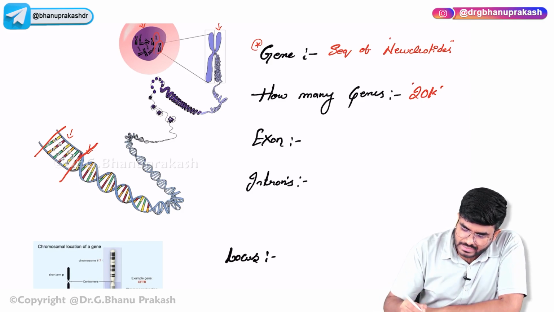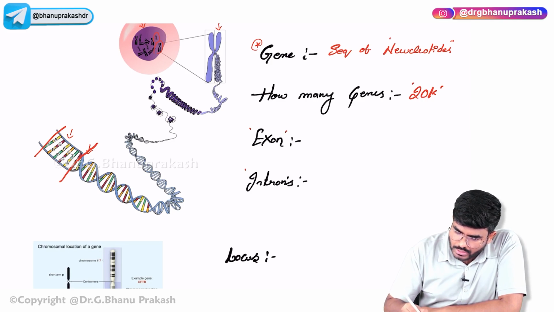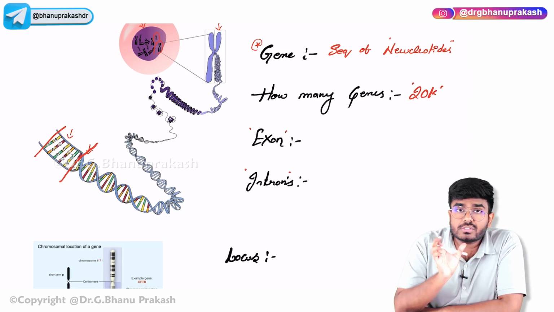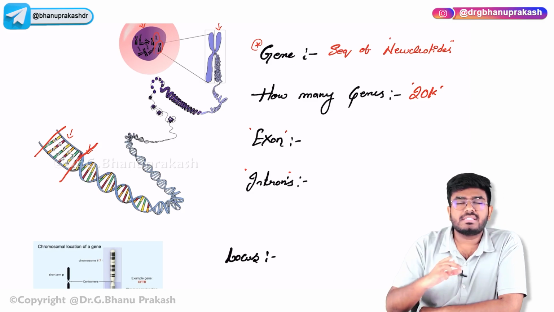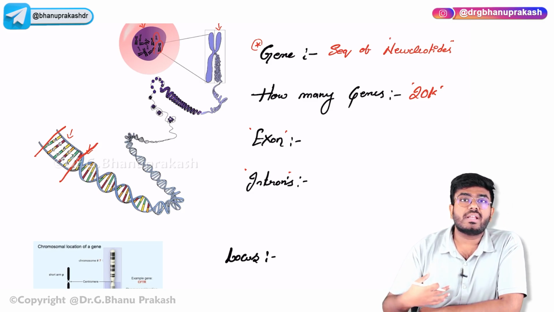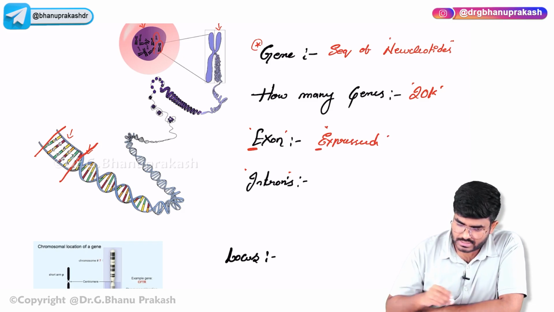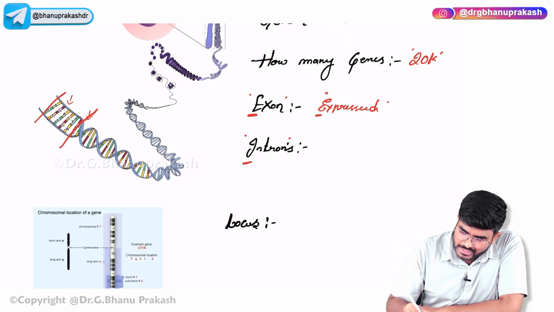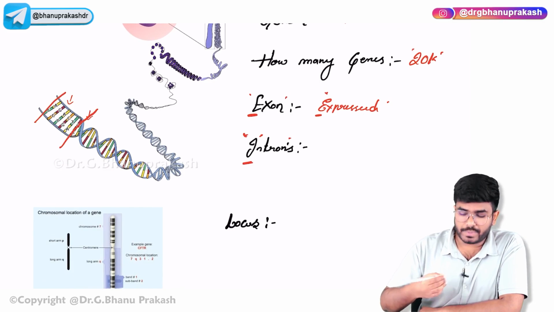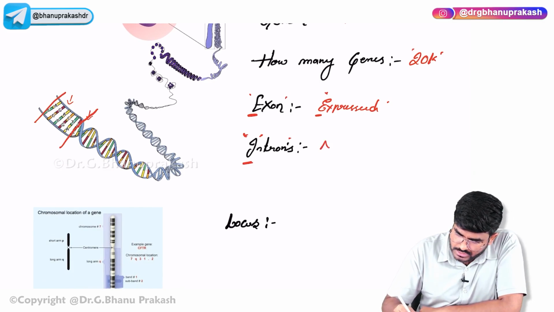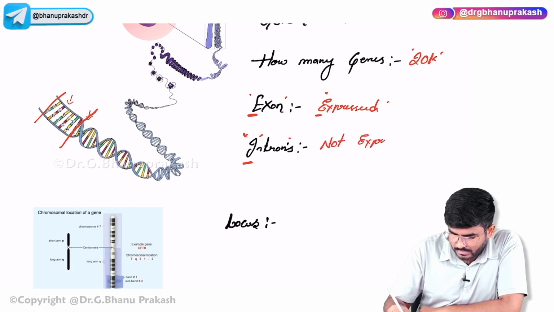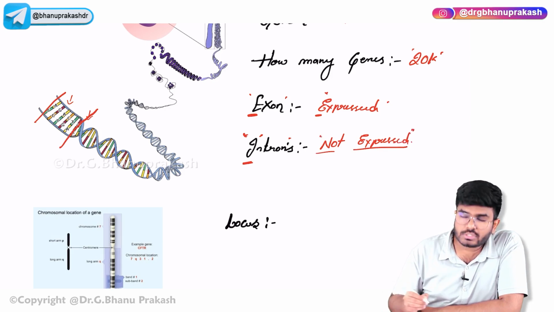Now, what exactly are the terms exon and intron? Exon means the expressed genes, those genes which are expressed. Those genes which are not expressed are called introns.